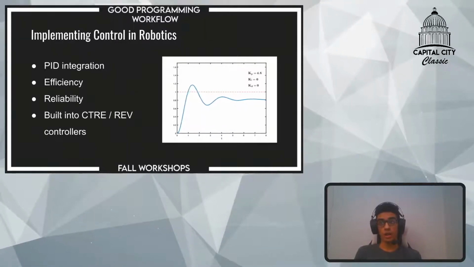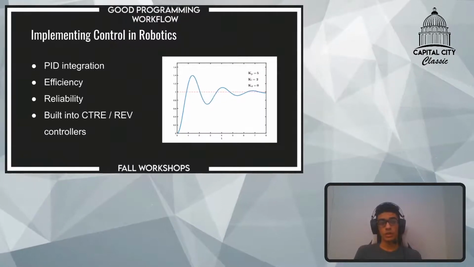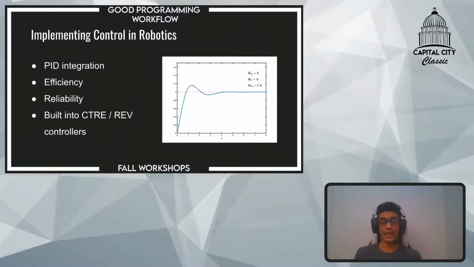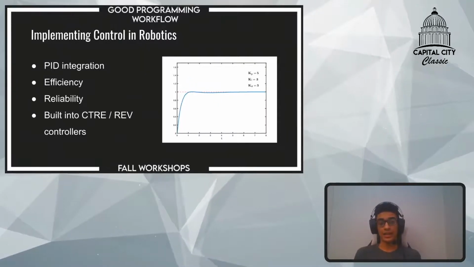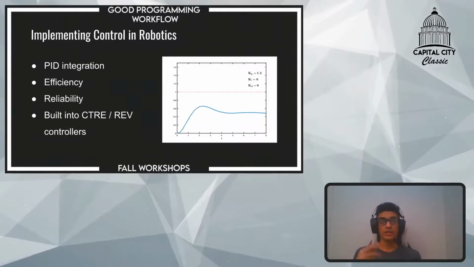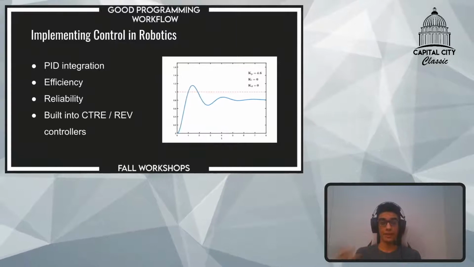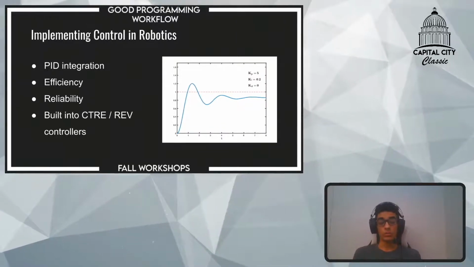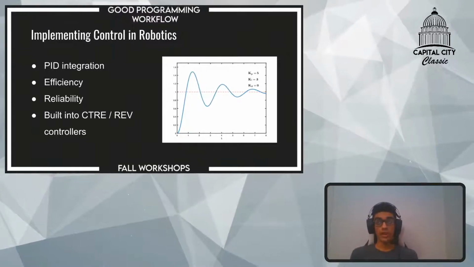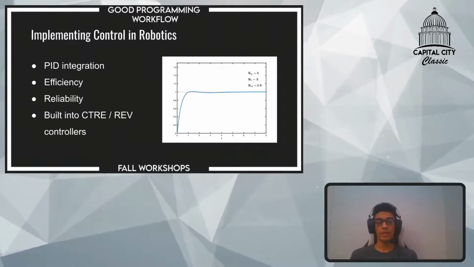Then based off your derivative of that, so your change, you want to add a factor on top of that, add a gain. So there's a P gain, an I gain, and a D gain. Each of those gains contribute to controlling the voltage of that mechanism. Using PID, you have an efficient and reliable system that gets to a goal in the fastest amount of time.